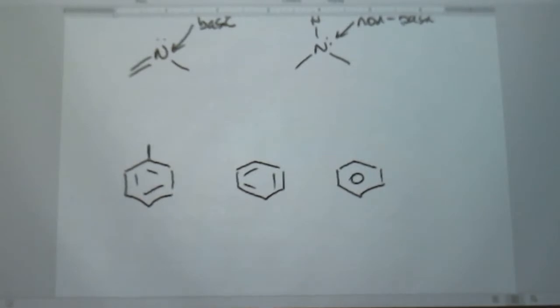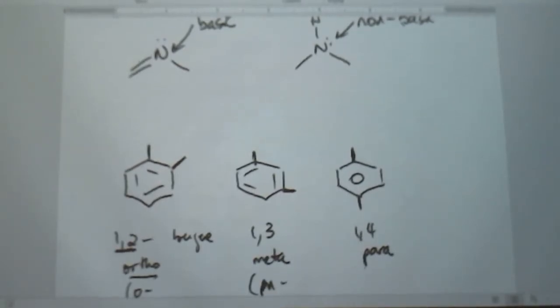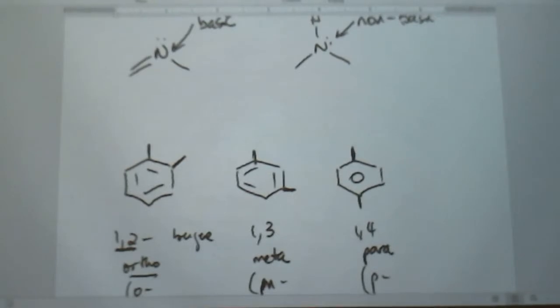If you have substituents on carbons 1 and 2, you could say 1,2-blah-benzene, or you could say ortho-blah-benzene. 1,2 substitution on benzene, not on cyclohexane, not anything else, but on benzene, is ortho substitution. 1,3 substitution is meta, and 1,4 substitution is para. You're going to see that very, very frequently.